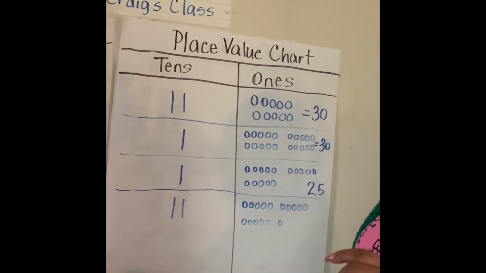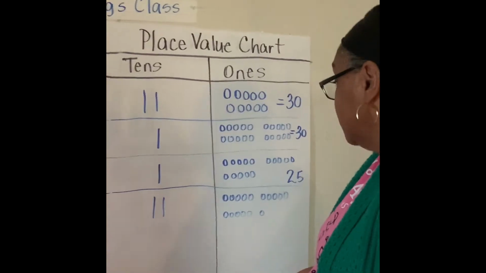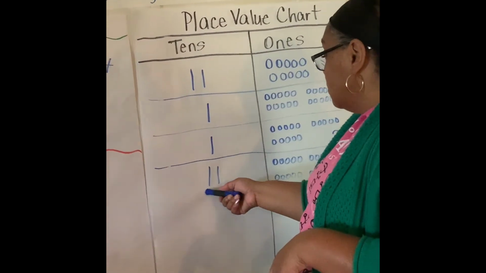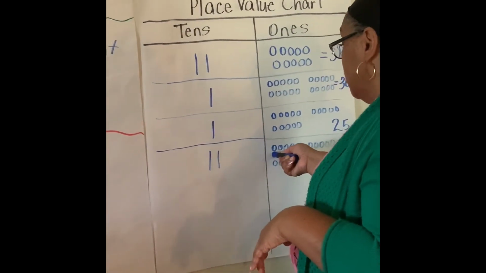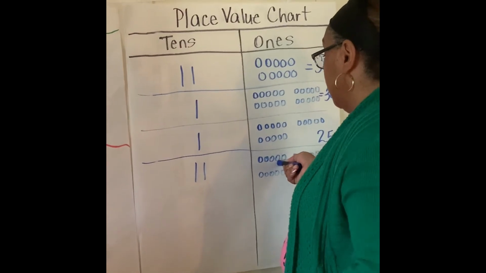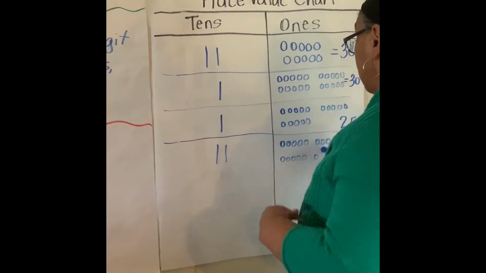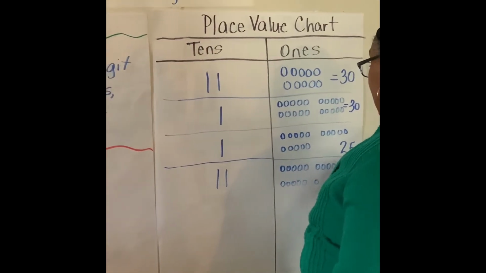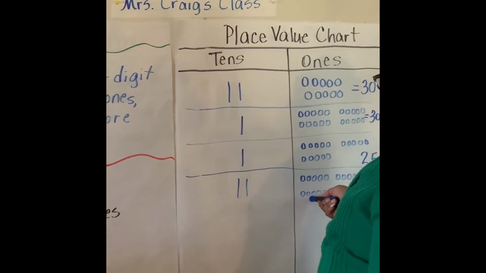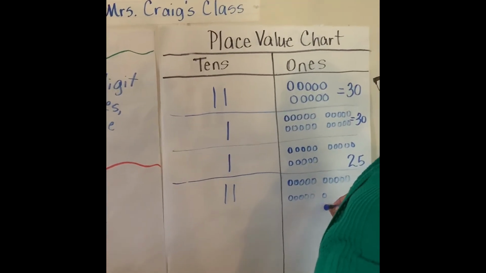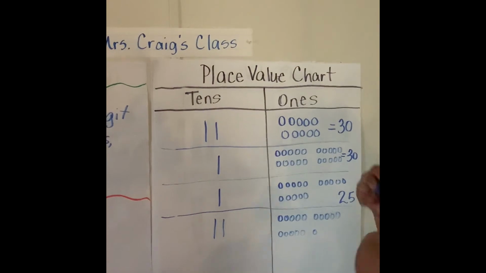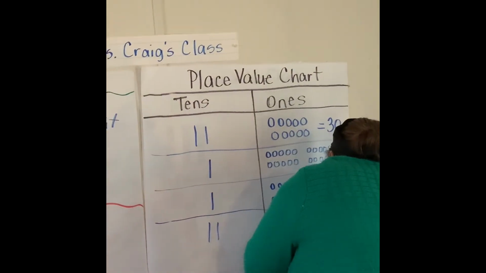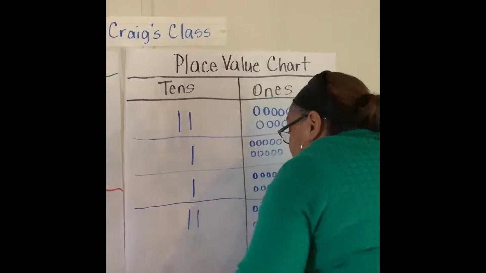I heard somebody say it was 36. Let's count. 10, 20, 21, 22, 23, 24, 25, 26, 27, 28, 29, 30, 31, 32, 33, 34, 35, 36. So how many do we have, boys and girls? We have 36. Very good.